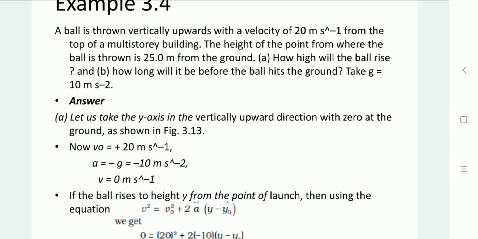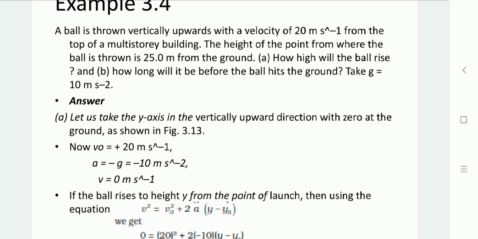If the ball were moving downward, positive acceleration due to gravity would apply, but here the ball is thrown upward, so it is in the opposite direction. So acceleration would be minus g, that is minus 10 meters per second square. And as the ball is thrown upward, after reaching a certain distance it moves downward towards the ground. So we can say that its velocity at the top would be 0 meters per second.